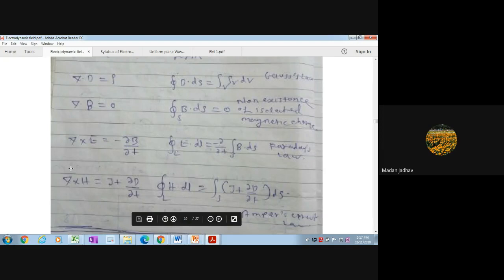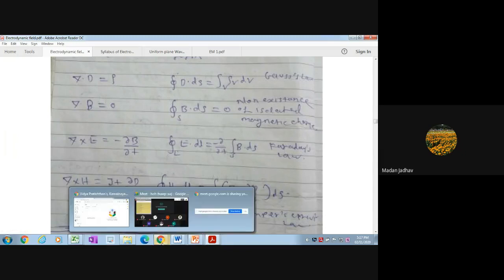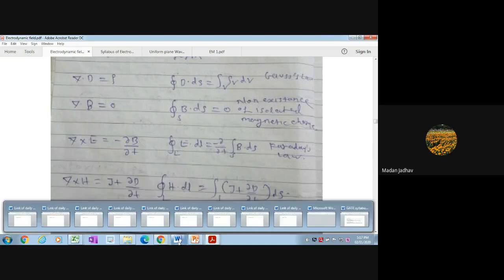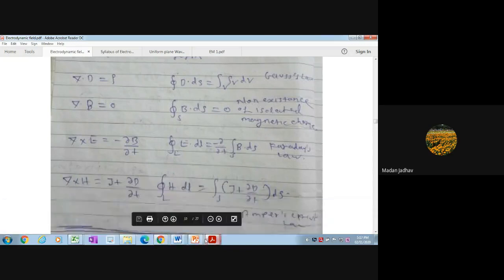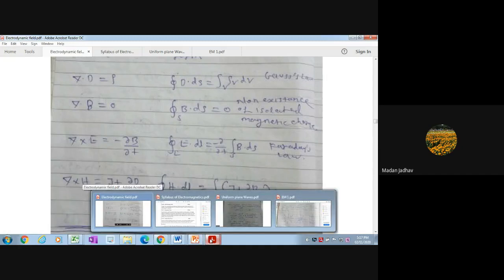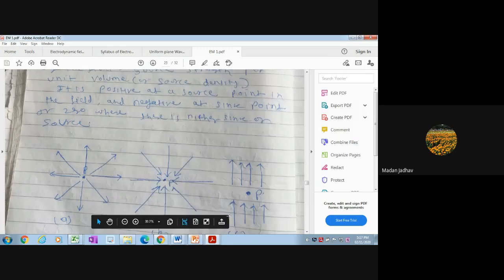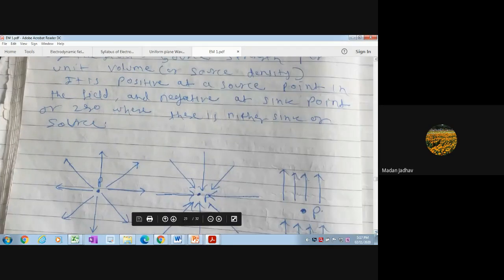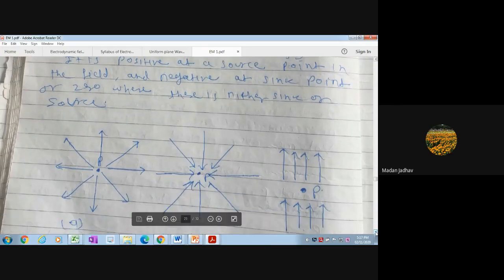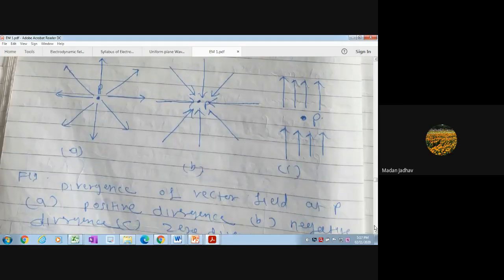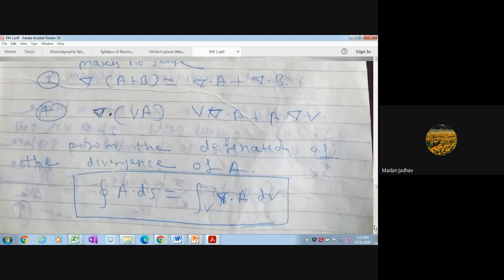If you understand the curl operation, then you will understand the physical meaning, or the significance, of the Maxwell equation. To understand these two equations more, we will see what the curl operation is.